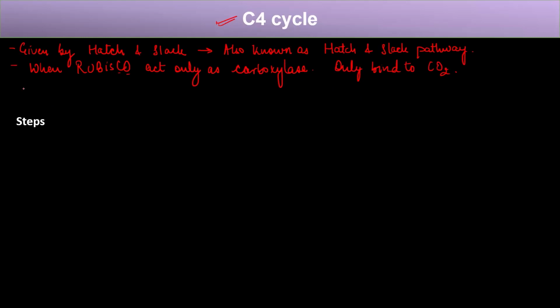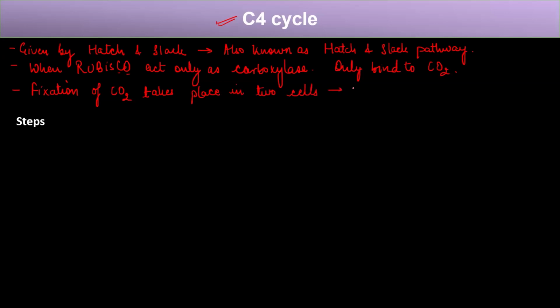Now, because we are studying the dark reaction, carbon dioxide undergoes fixation, right? So in the case of the C4 cycle, fixation of carbon dioxide takes place in two cells.